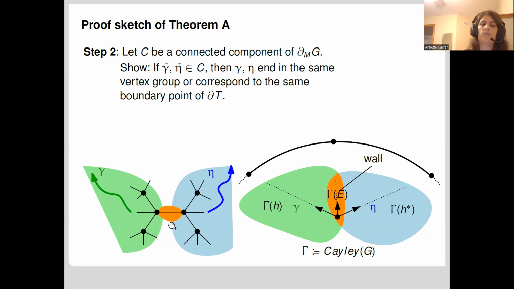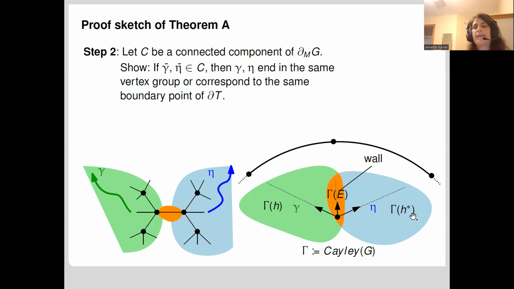And we find this situation also in the Cayley graph. For each edge E in the tree, we find a subgraph gamma of E in the Cayley graph, which behaves like a wall. If we delete this graph gamma of E, the Cayley graph decomposes, and we get two half spaces of the Cayley graph, which are here denoted by gamma of H and gamma of H star.